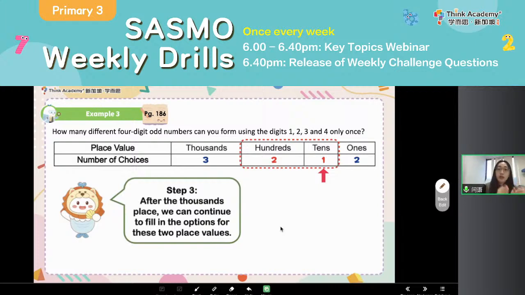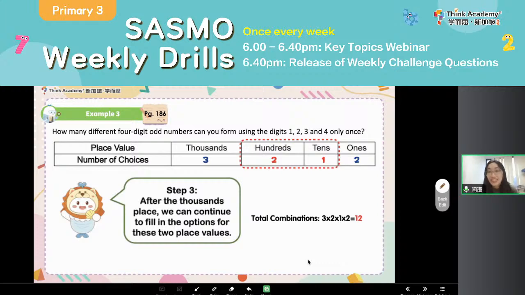So for 3, 2, 1, 2, do we need to add them together or multiply them together? Plus or times? Think about it, plus or times. Okay, good job. So altogether, the total combination should be 3 times 2 times 1 times 2, which is 12.